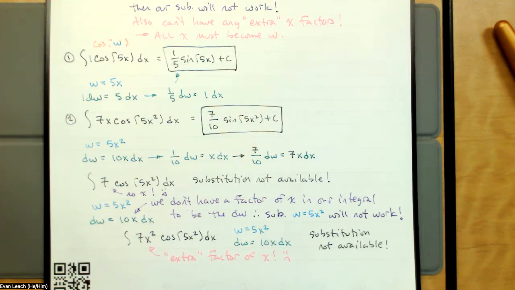So 35 cosine of w over square root of w. And we don't know that one either. That just causes more problems. Substitution is supposed to get us to a smaller integral. The substitution is supposed to get us to the point where we're just integrating cosine, but we can't make that happen here.